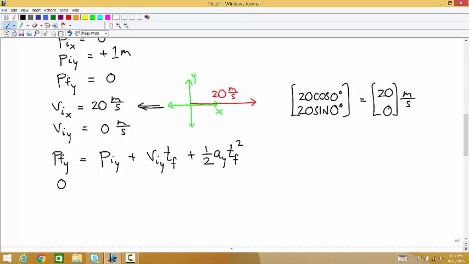PFY was 0. PIY was 1. VIY is 0, so this whole term is 0. And then this gives minus 4.905 TF squared.